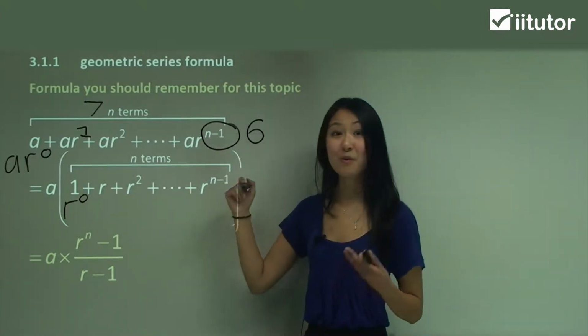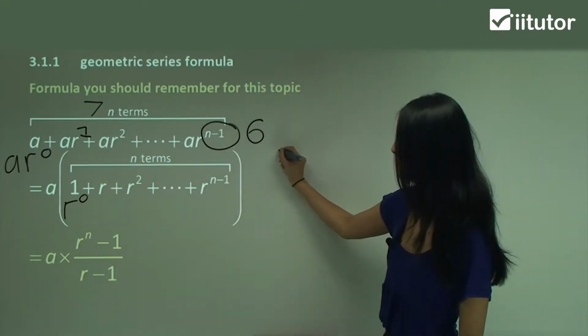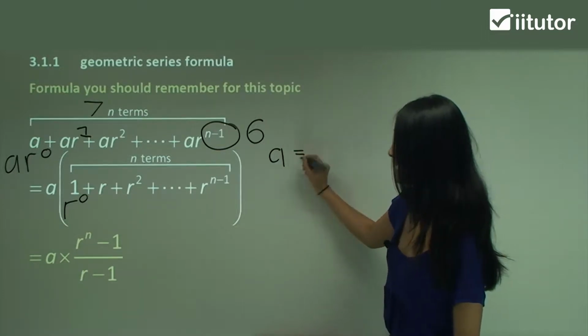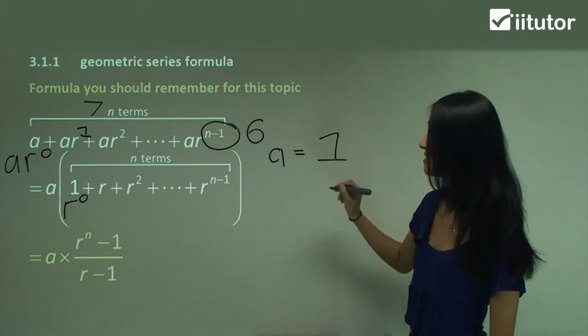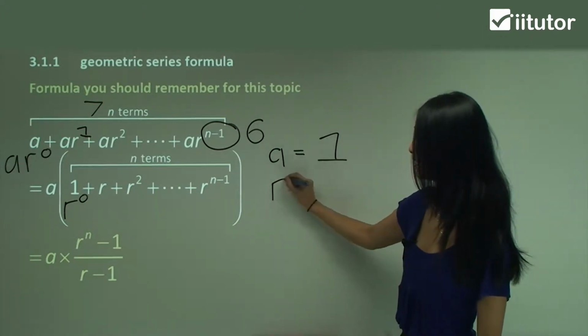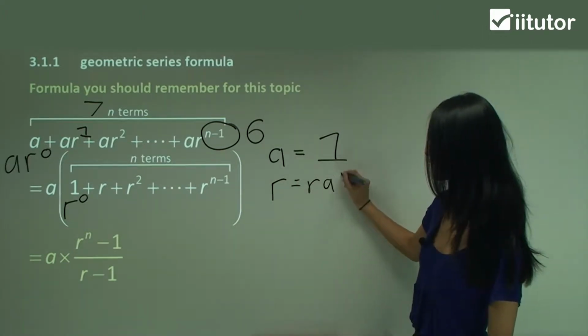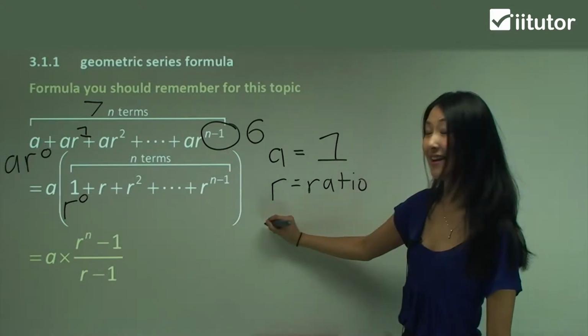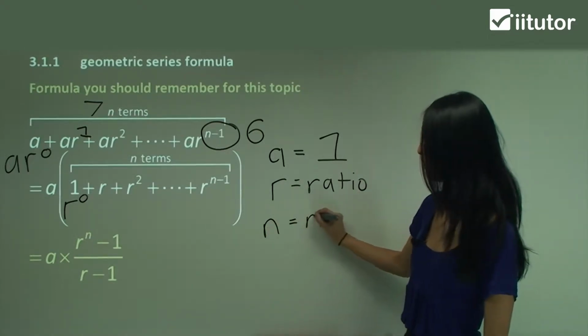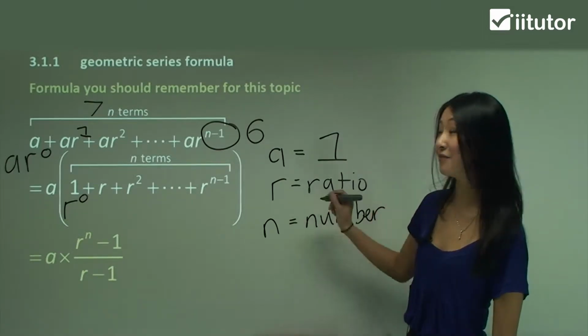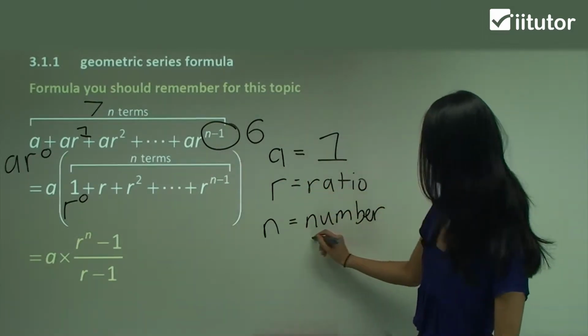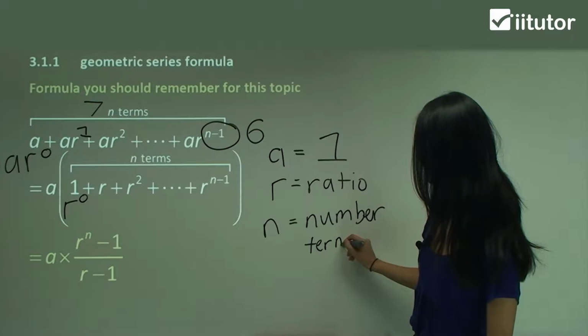So now we found out that the first term in this case is just going to be 1, because we factorised out a. Now r, which is just our ratio, and n, remember, that's our number of terms, which here we've just worked out to be n. So that's a number of terms.